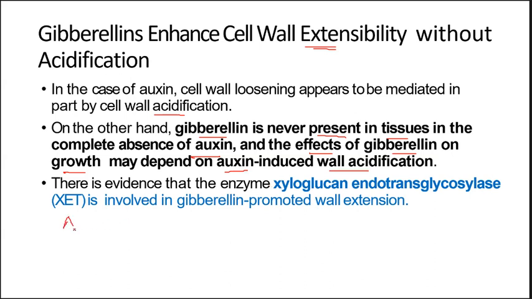What we studied is that auxin helps in cell elongation by the acid growth hypothesis, but the cell elongation by gibberellin is not by the acid growth hypothesis; it is dependent on auxin.